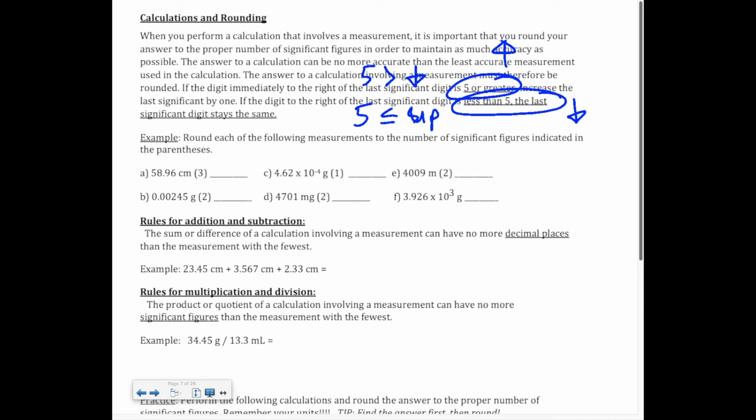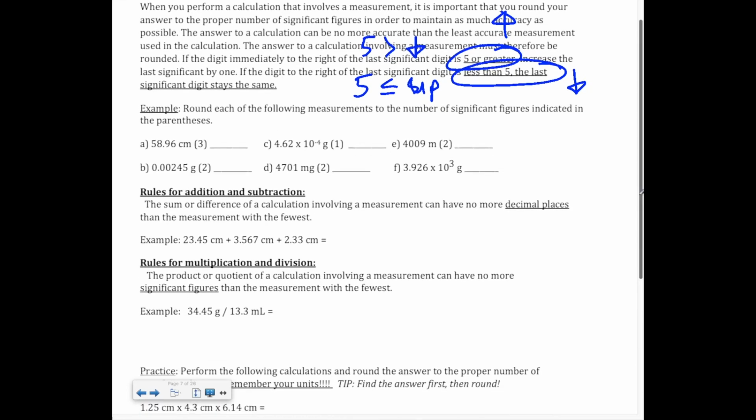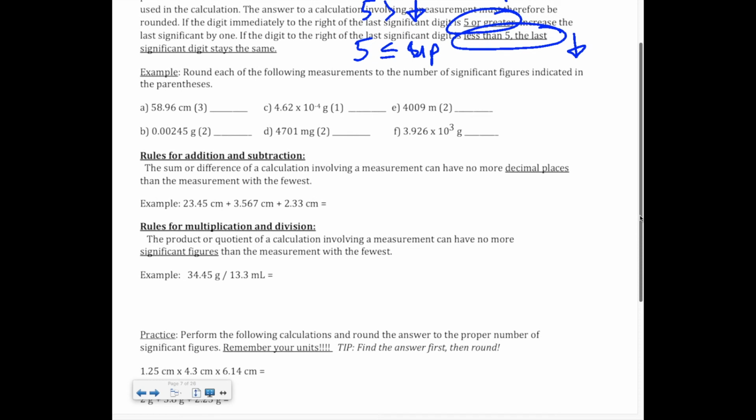Now, let me just do some examples and see if you can kind of figure out what I mean by this. What we're going to do is round the following measurements to the number of significant figures indicated in the parentheses. So, for example, for A, I want to round it to 3 sig figs. So I have 58.96. So we're going to take the first 3 digits, and now this one is our rounding digit right here.